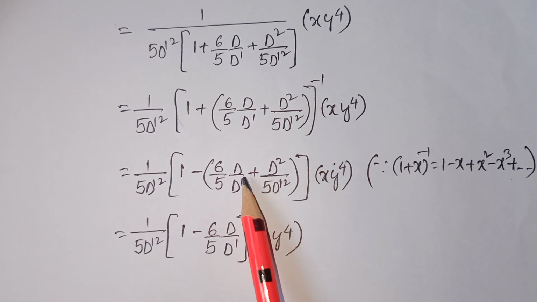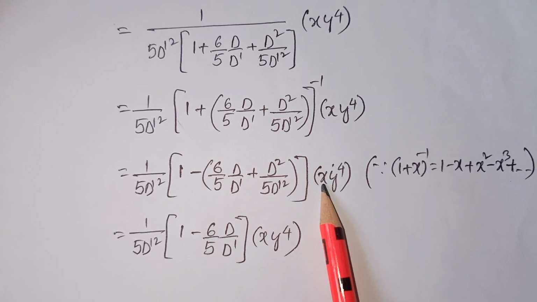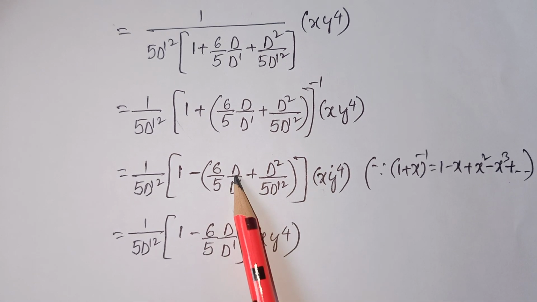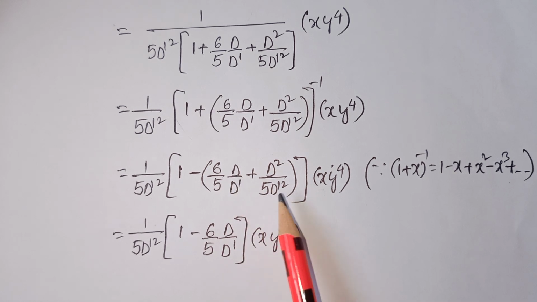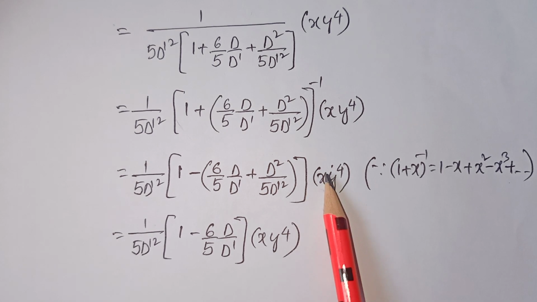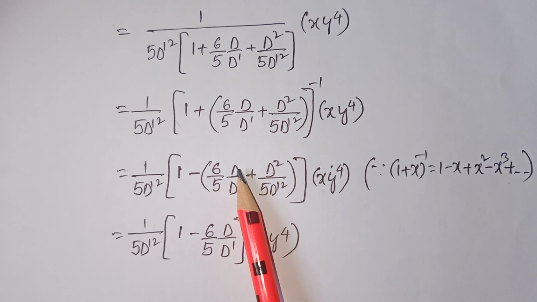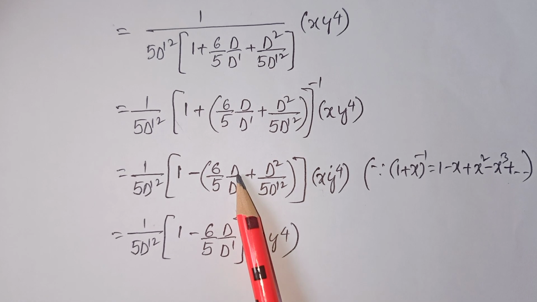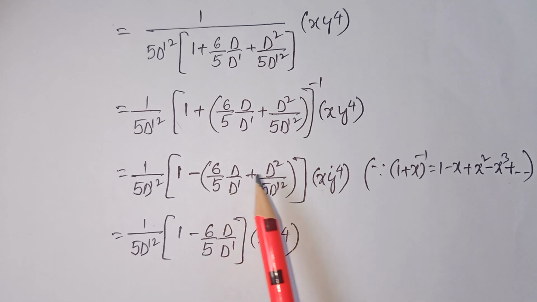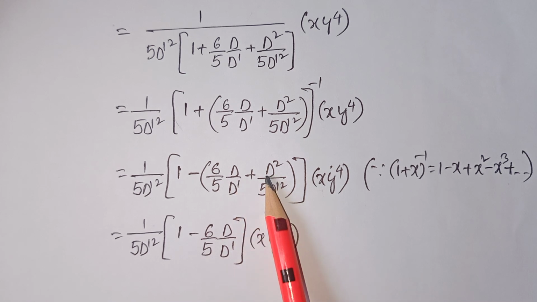Whenever you have D in the numerator, compare the power of x and the power of D. We can neglect the higher powers. The degree of D and the degree of x must be the same, and we can neglect the higher terms.